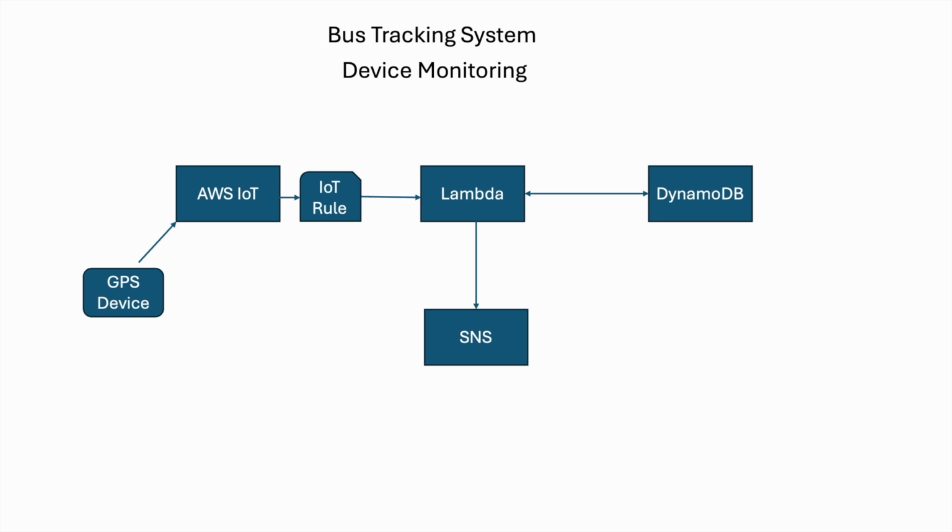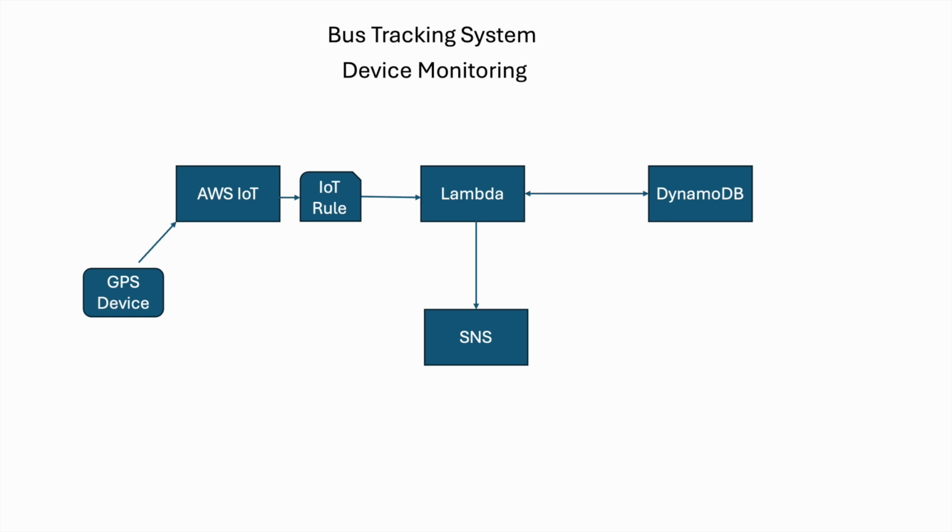And for the serverless architecture, we are going to make use of the AWS microservices like Lambda and DynamoDB to achieve our goal. To start off, when the bus moves, the GPS location is going to be shared by the GPS device, and it is going to come to the AWS IoT, and once it reaches the AWS IoT, it is going to trigger an IoT rule.